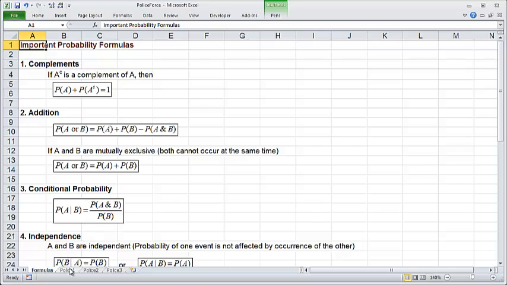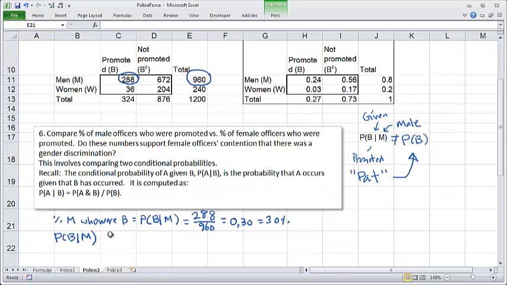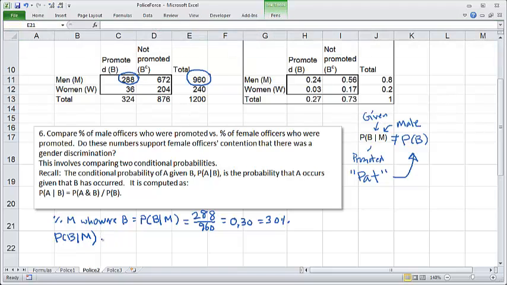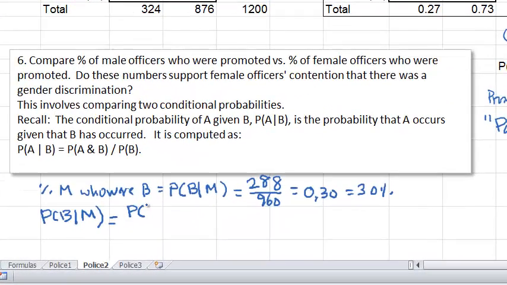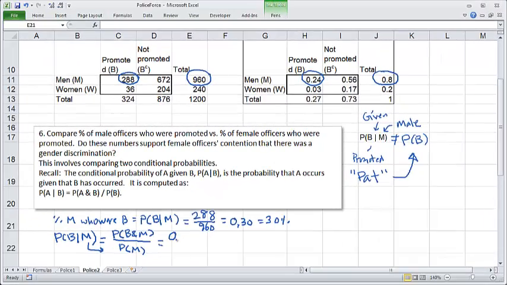Okay, so let's write it down over here. So here we could say P of the joint probability B and M, and then divide that by P of the one on the right side, the given condition goes in the denominator, and that is P of M. P of B and M is over here, 0.24, and P of M is 0.8, so divide one by the other, 0.24 by 0.8, and that also gives us 30%.